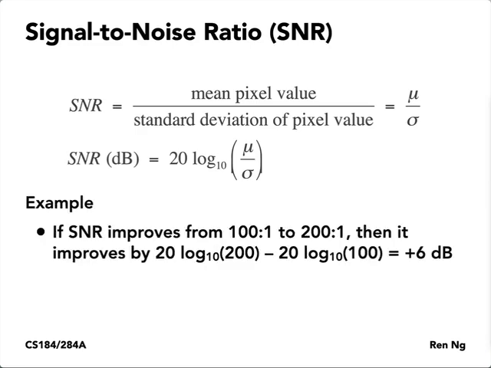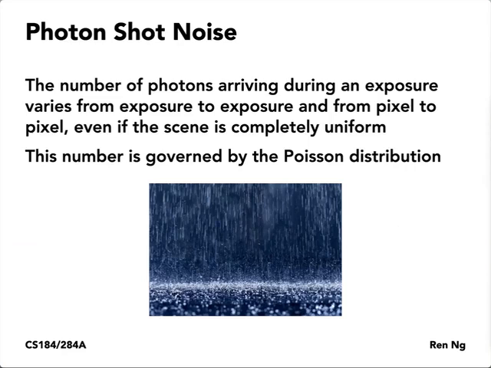As an example, in the dB scale, which is very common out there, if SNR improves from 100 to 1 to 200 to 1, then in the dB scale, it improves by 20 times log base 10 of 200 minus 20 times log base 10 of 100, which is 6 dB SNR improvement, okay?